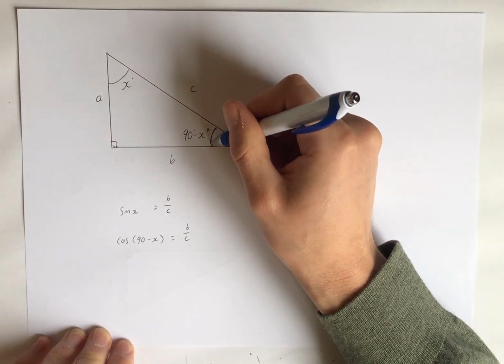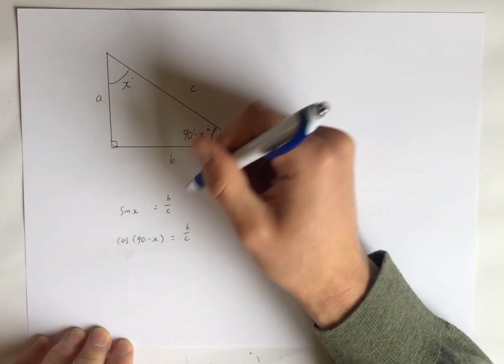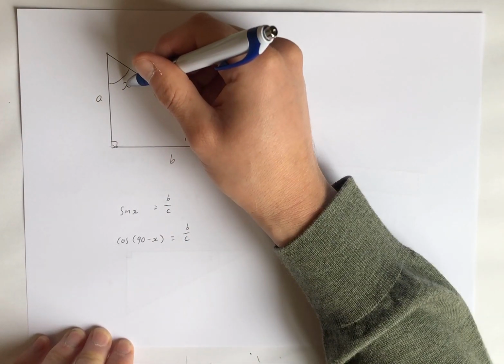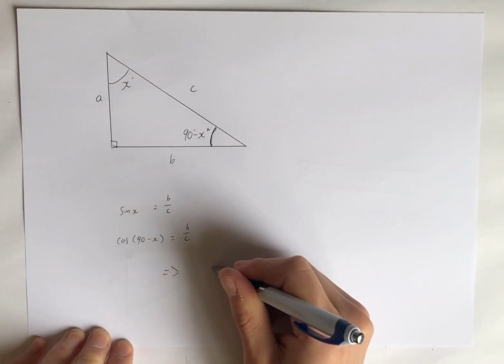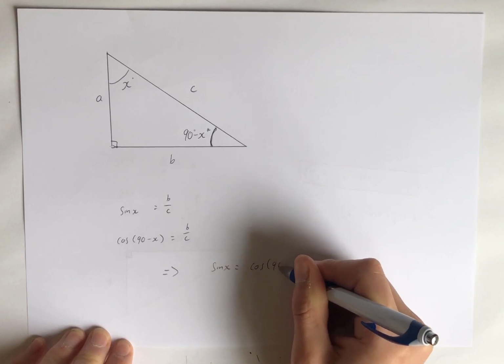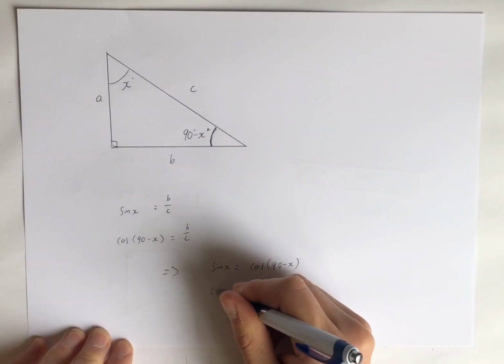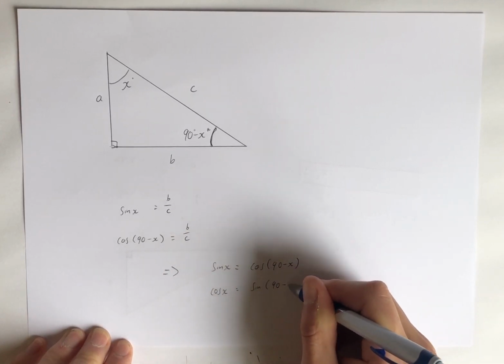So if I use this angle, adjacent over hypotenuse, cosine of this angle is b over c. Sine of this angle is o over h, so b over c. Well, that means that sine x is the same as cosine 90 minus x. And it also follows that cosine x is sine 90 minus x.